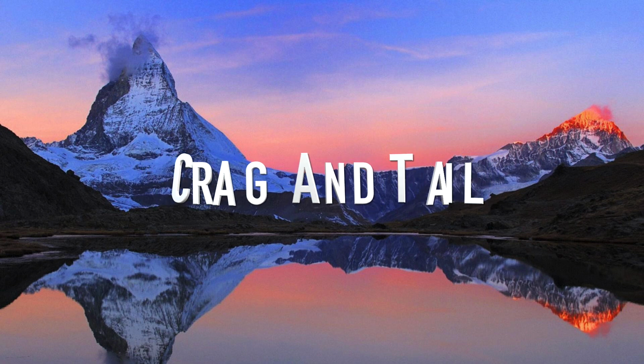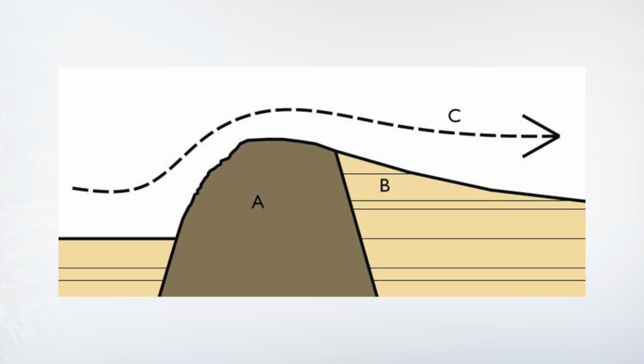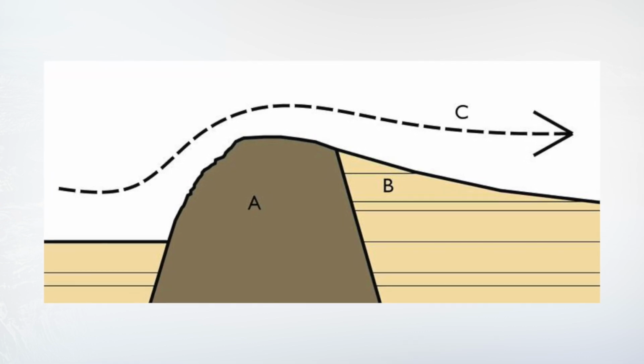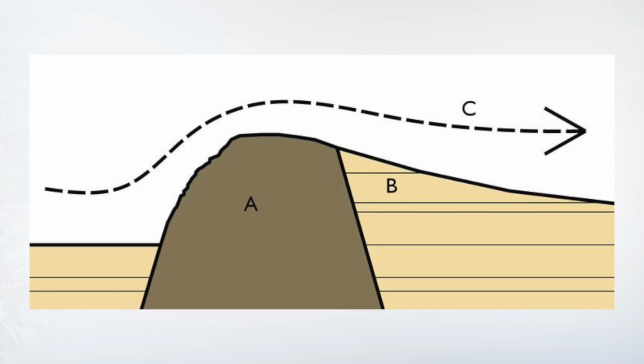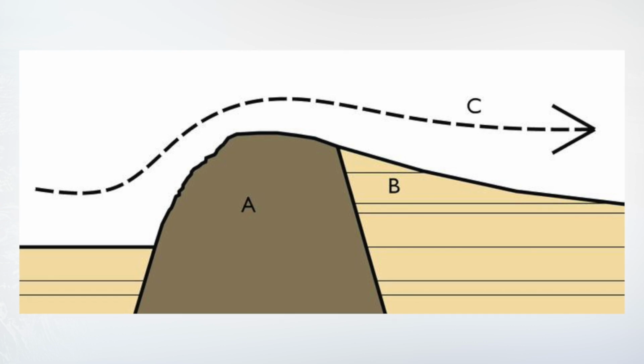Crag and tail. Crag and tail is a landform associated with a volcanic or basaltic plug which is projected above the ground surface. It is a peculiar landform having a vertical eroded steep up-glacier side and a tail-like appearance with lower height down the glacier side.